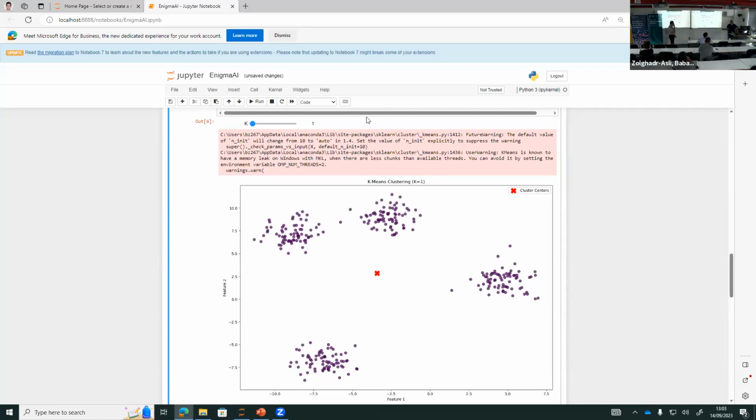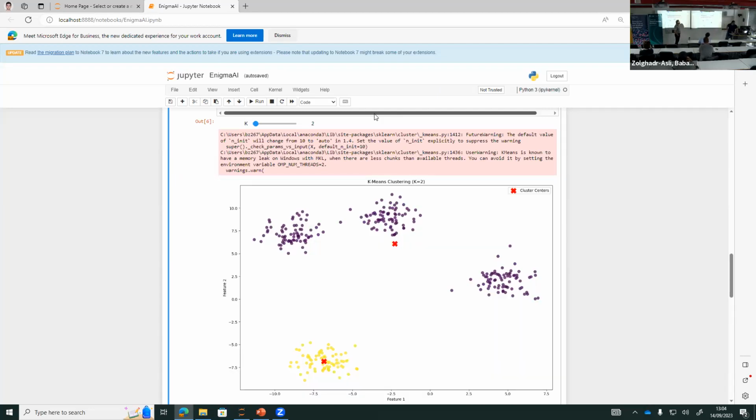You know, this is actually the problem of K-means. This is one of its negative points: you have to define the optimum number of clusters. If I start from no cluster, which is this one, it is only one cluster and the cluster center is here.